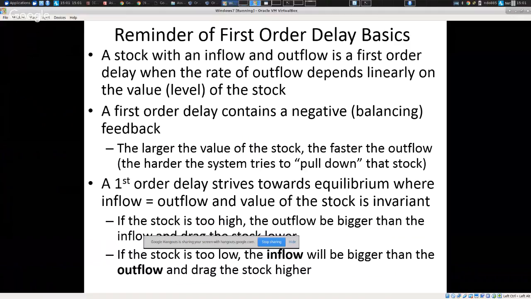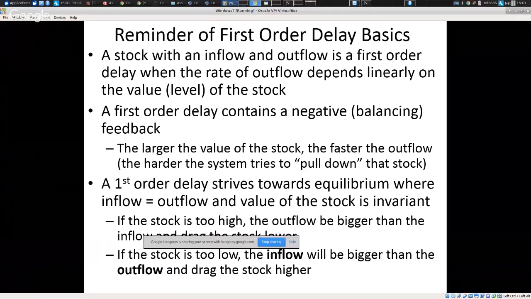Why will it drop to its equilibrium? Let's go through it mechanistically. The value of the stock is far above its natural value. What's going to be the result of that?